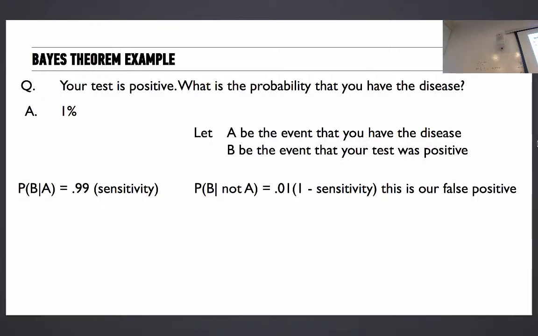Do I know the probability of A, the probability that I have the disease? What's the probability of me having the disease? 1 in 10,000. 0.0001. That is the probability of me having the disease. 1 in 10,000. That's how often the disease occurs.